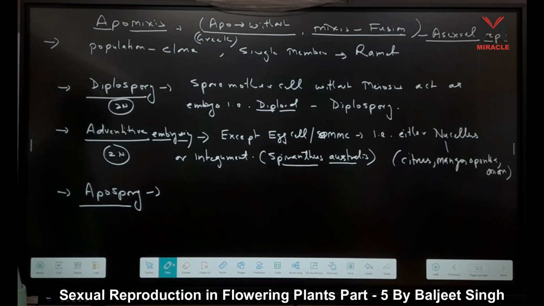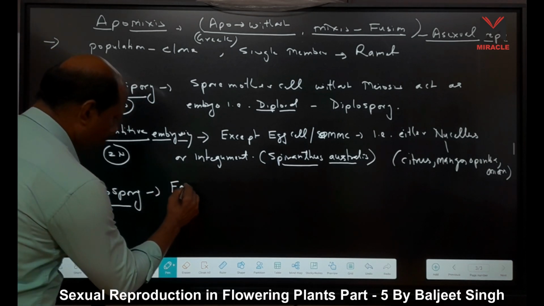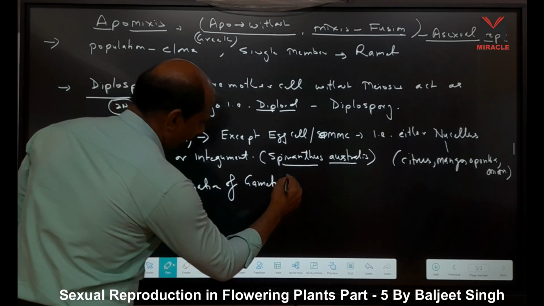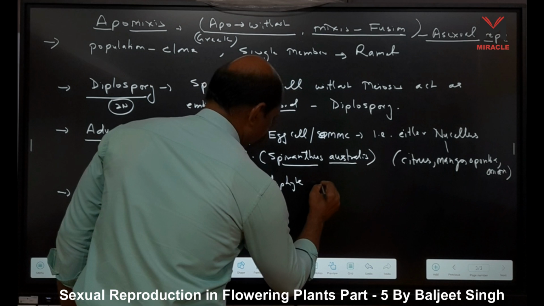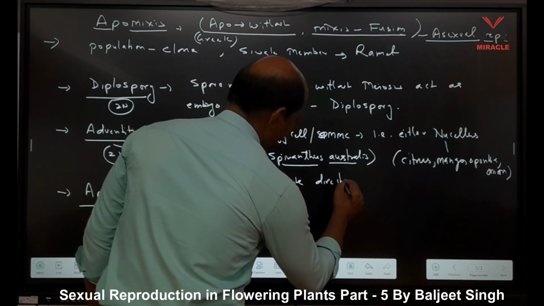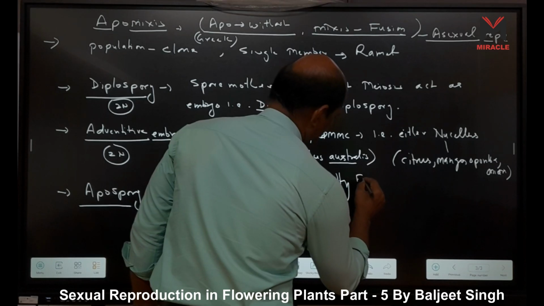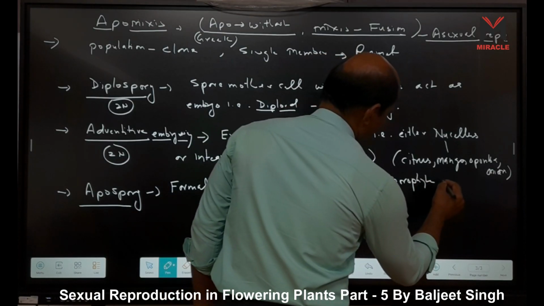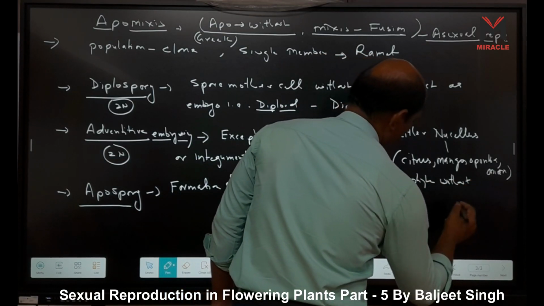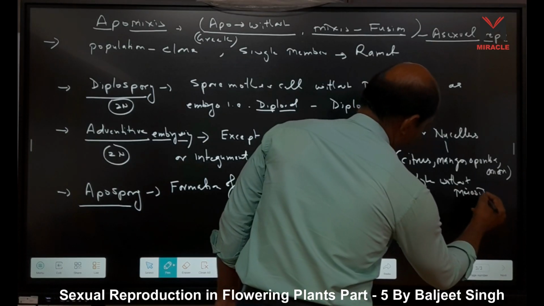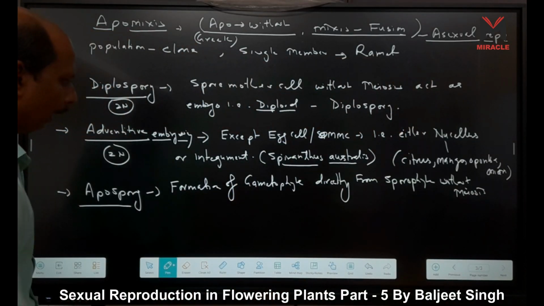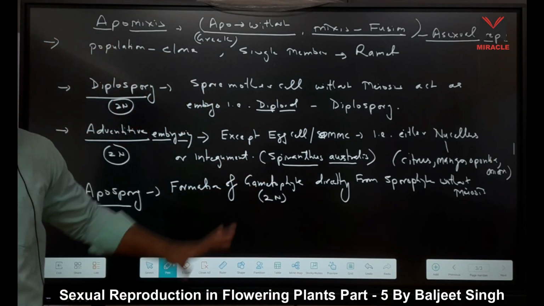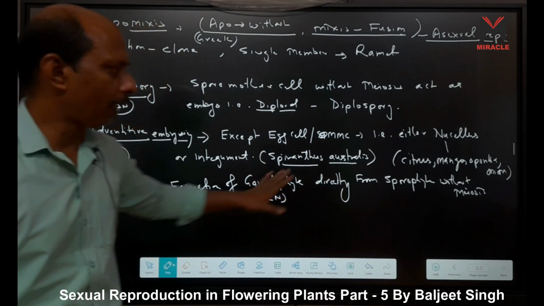We can say formation of gametophyte directly from sporophyte without meiosis. This is called apospory, and here a diploid 2n gametophyte is formed. Reduction division is absent.